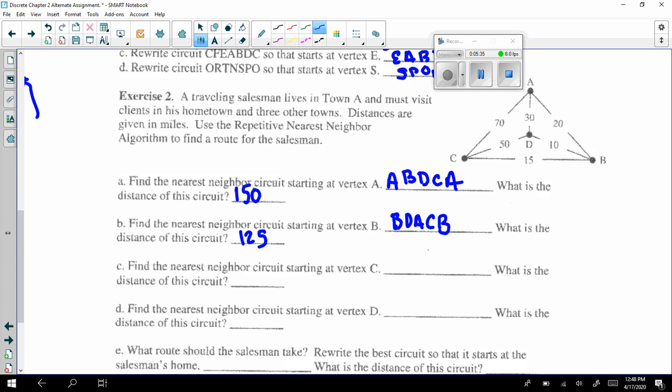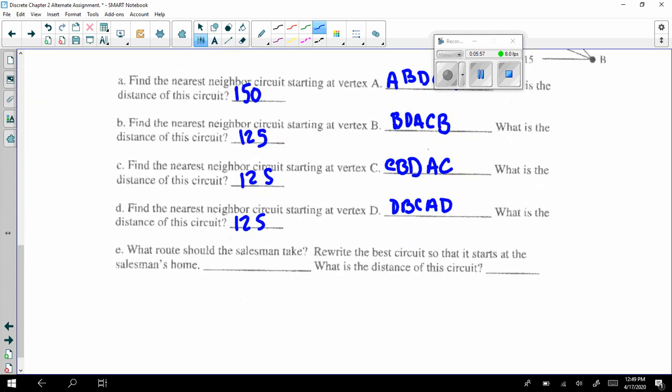And then this one is C, B, D, A, C, and that one is also 125. And then D, B, C, A, D, and that's also 125. So which route would work?